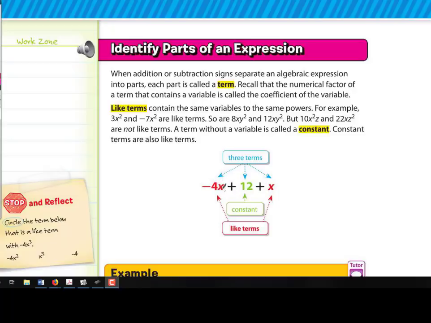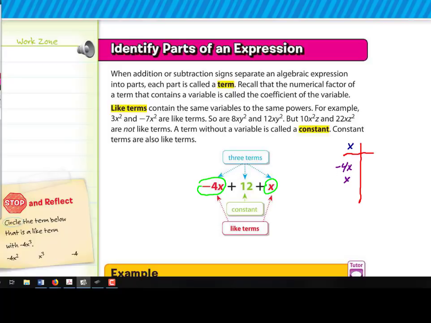If I built myself a T chart over here and asked, what's one kind of thing I have? X's. I would put this negative 4x into that part of the T chart, and I would put this positive x into that part of the T chart.